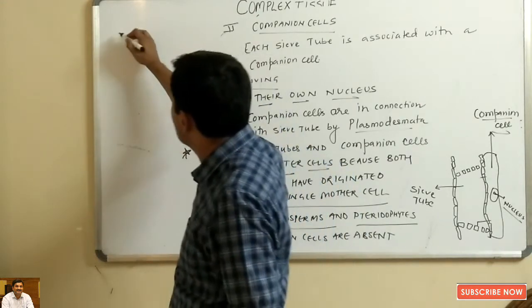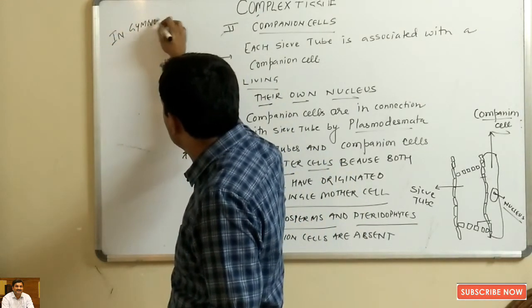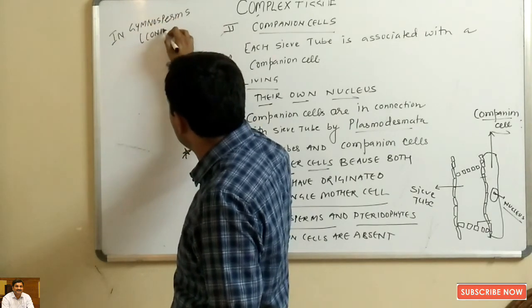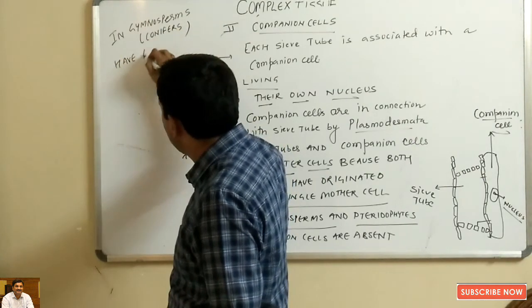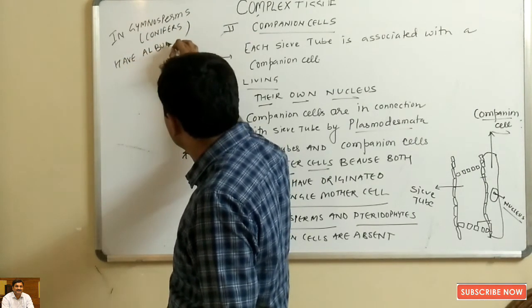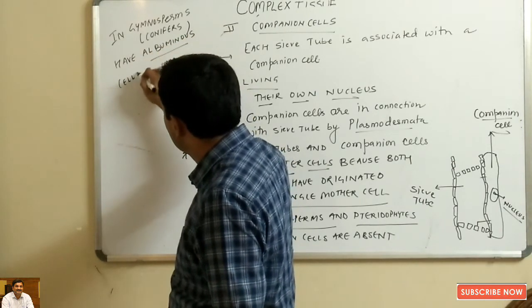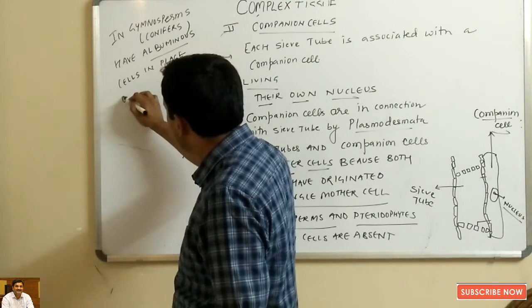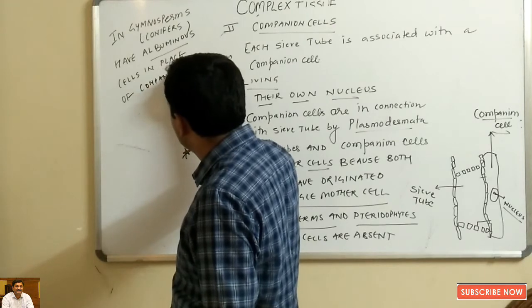Then what is present? In gymnosperms, especially the conifers have albuminous cells in place of the companion cells.